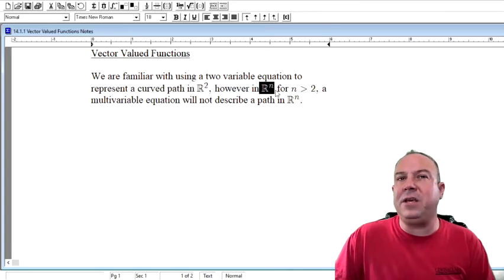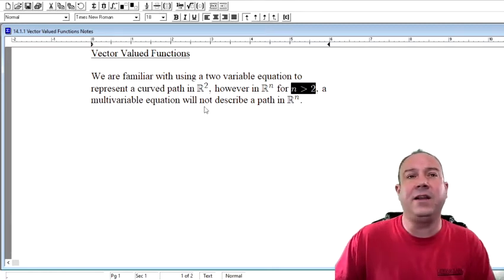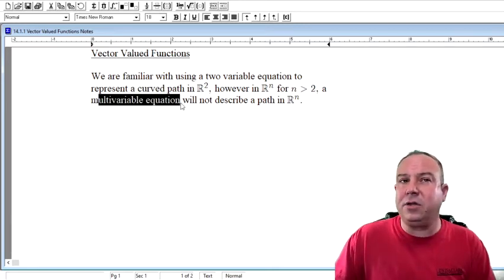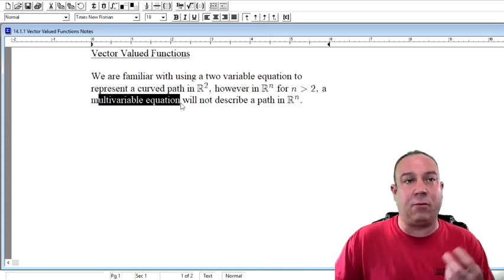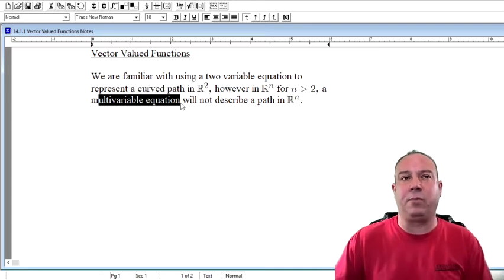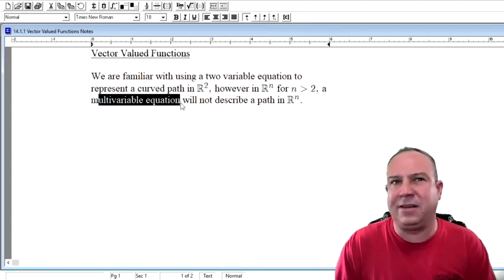if we happen to be in an n-dimensional space where that space is greater than 2 in dimension, a multivariable equation, an equation that involves more than one variable, will not describe a path in that space.